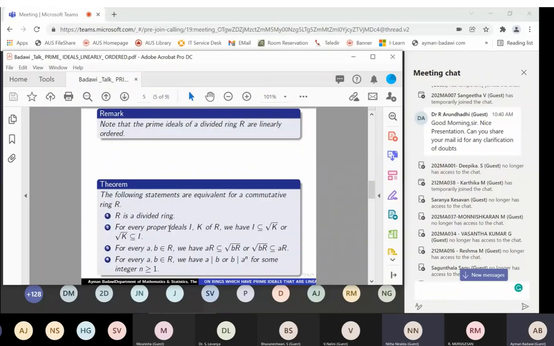It means that for every two proper ideals I and K of R, I is a subset of the radical of K, or the radical of K is a subset of I. Whenever you have two proper ideals, one of these statements must hold.